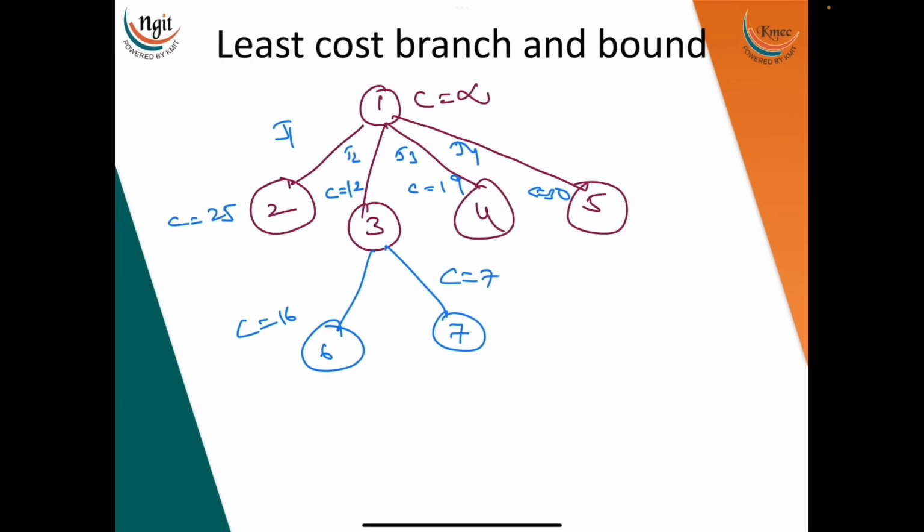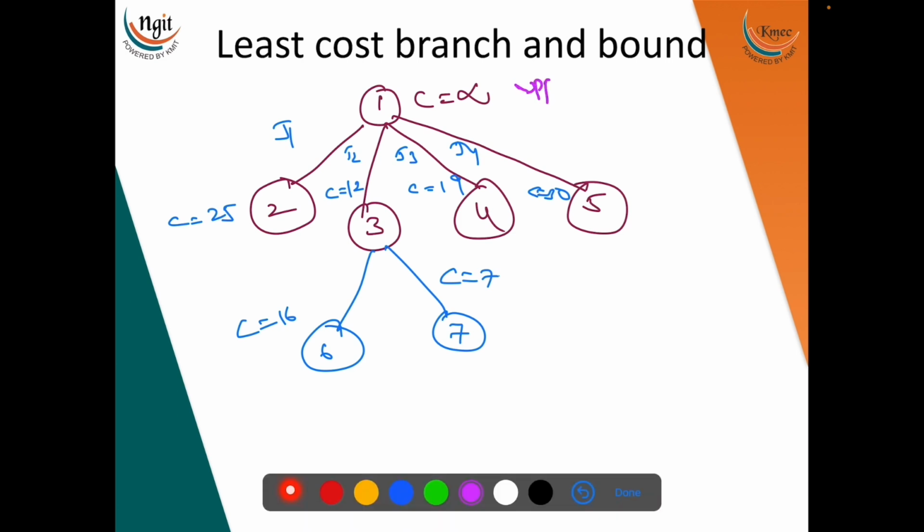Now we'll see about least cost branch and bound. In the least cost branch and bound method, the state space tree will start with c equal to infinite value. That means the upper value is equal to infinite, and from node 1 we will expand all other nodes. Now one node will get expanded to 2, 3, 4, 5.